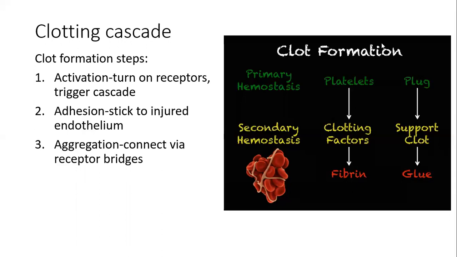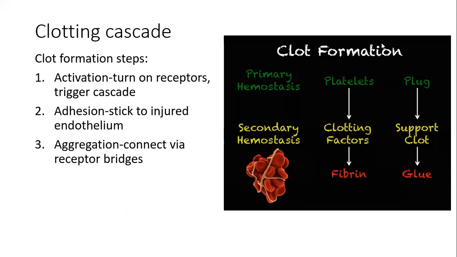Let's look a little bit more at the clotting cascade. Clot formation happens in 3 steps. You get activation, where receptors are turned on, and that triggers the cascade. Then you get adhesion, which is where the constituents of the clotting mechanism, mainly platelets, stick to the injured endothelium.